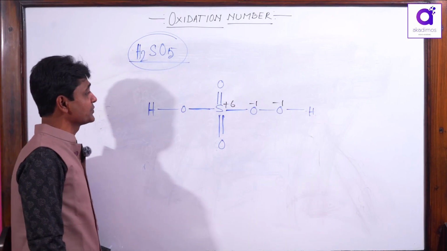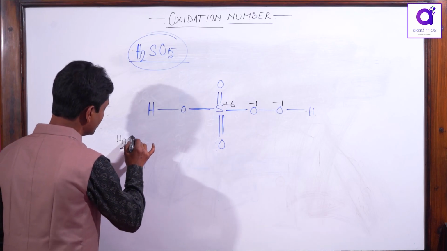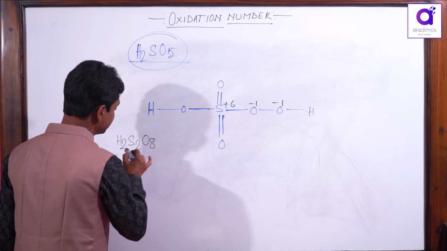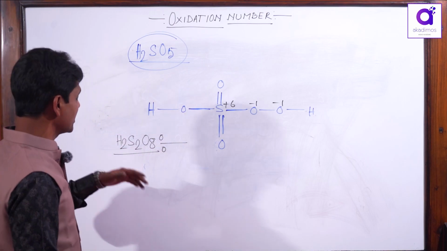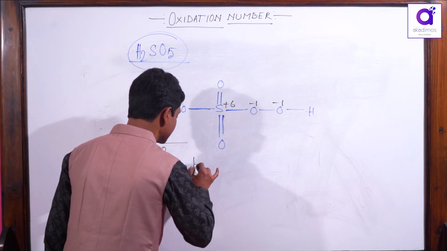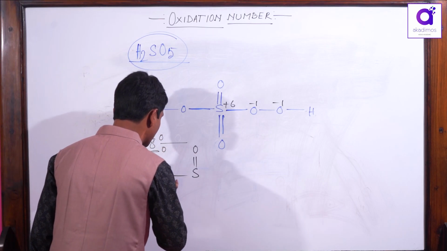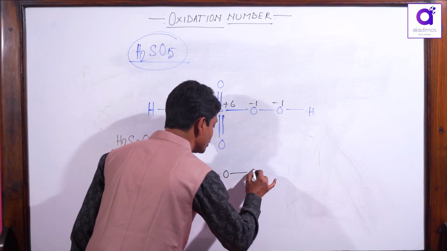Another oxyacid of sulfur in your syllabus is H2S2O8, called peroxydisulfuric acid, or Marshall's acid. If I draw the structure of Marshall's acid, you will get the oxidation numbers of 2 different sulfurs. This is also a peracid.